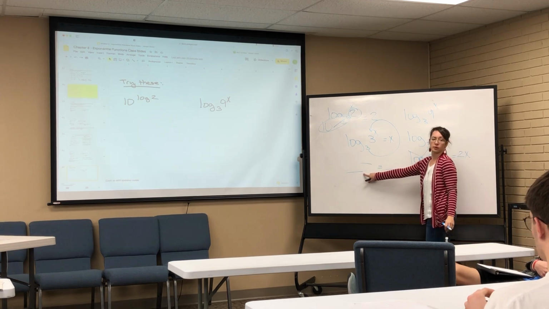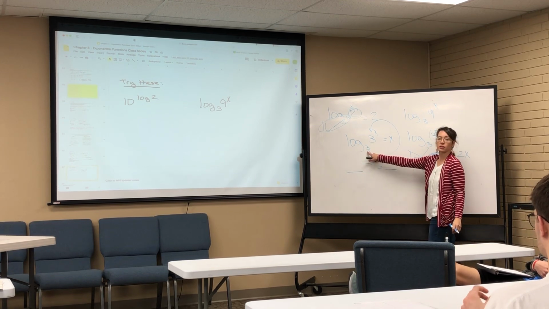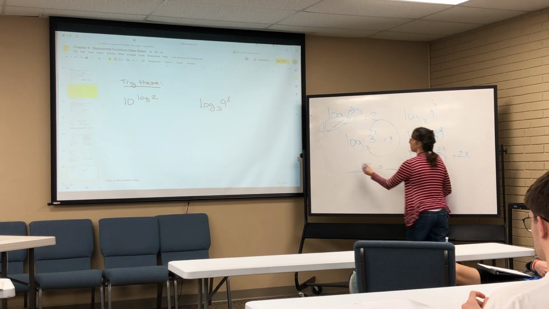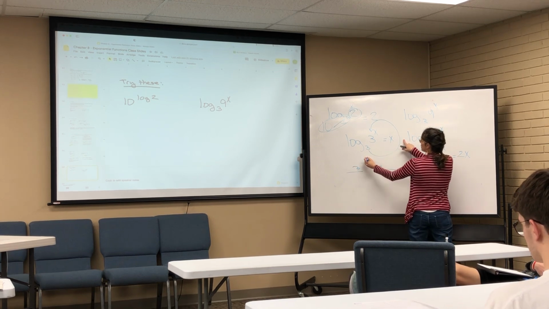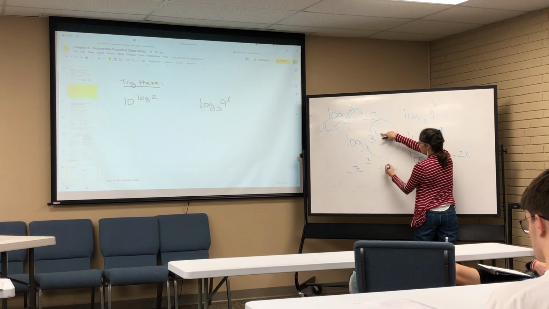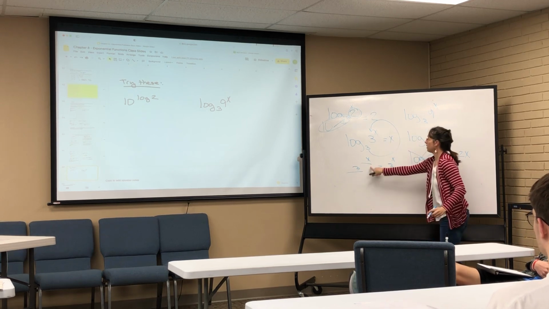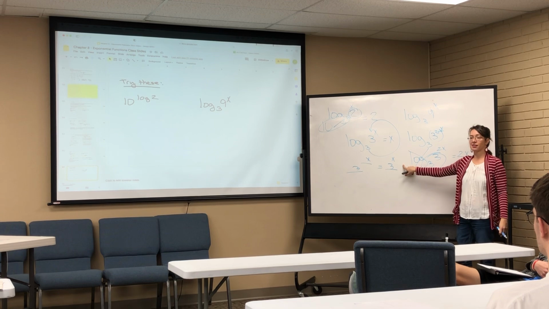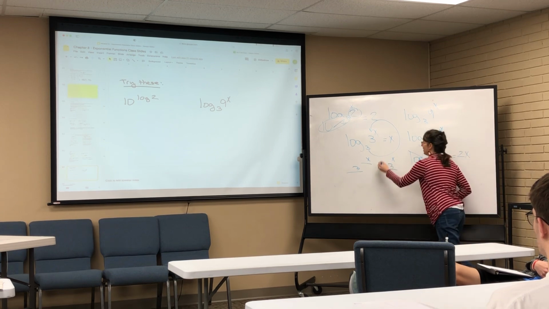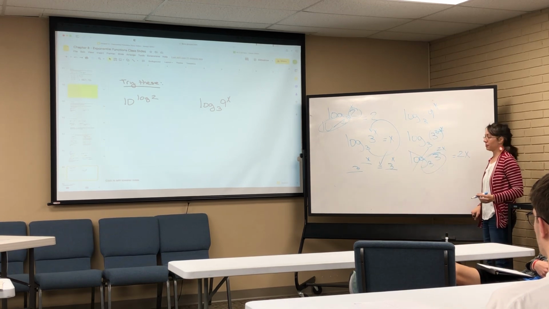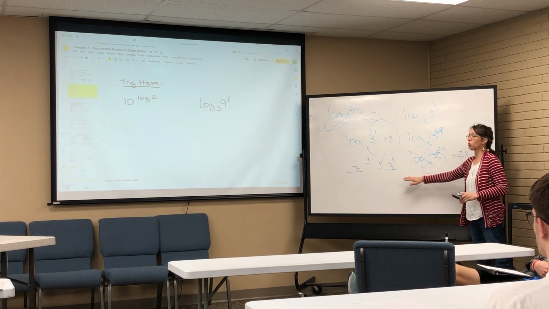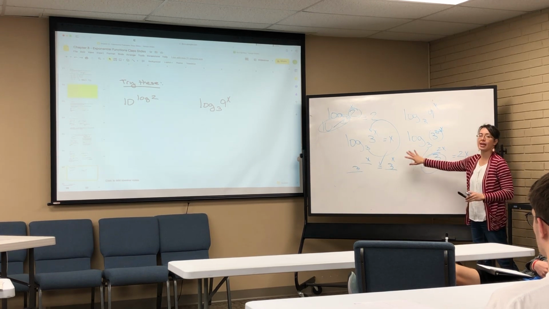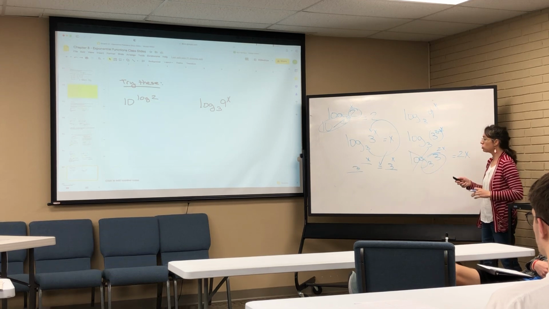Where does my line start? 3. The next I come to is x. The last I come to, 3 to the x equals 3 to the x? Yes. True statement. Okay? So we can always go back and verify, according to our log rule, that these really do cancel out. This is just something that you need to look at and memorize.